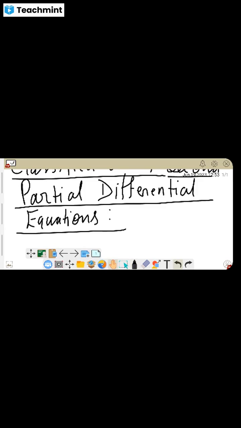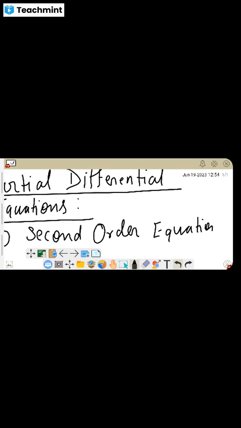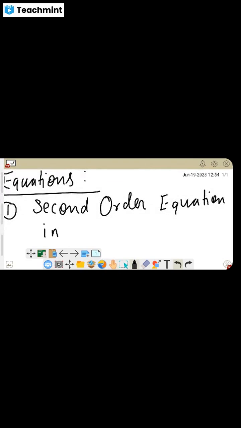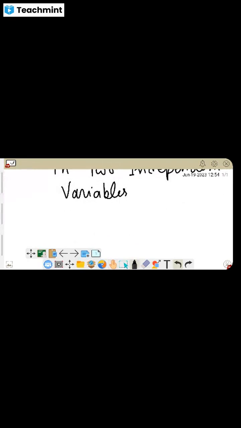First is second order equation in two independent variables. Second is canonical forms.